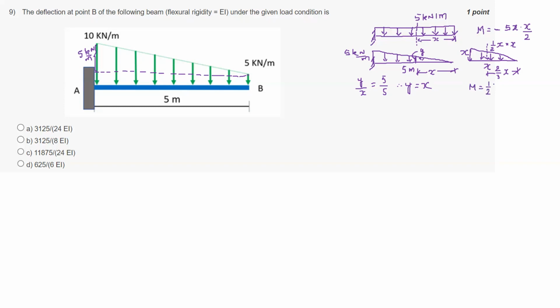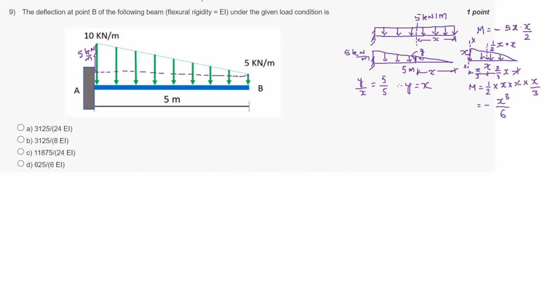Sorry, we are going to take the bending moment at x, so the lever arm will be x by 3. So 1/2 x into x, with x by 3. We get M, again from the right anticlockwise, minus x cube by 6.